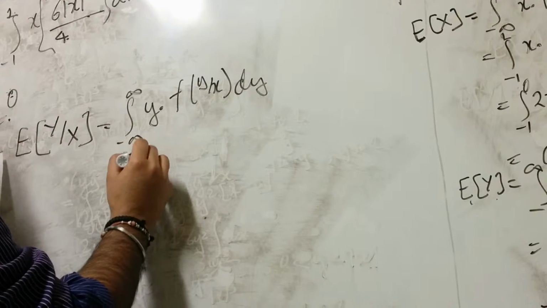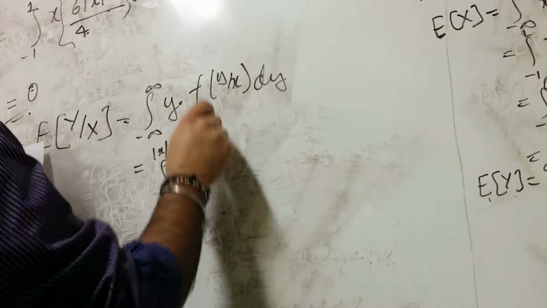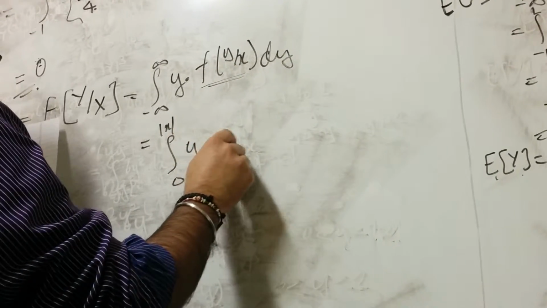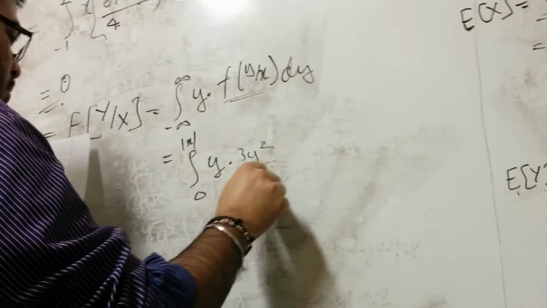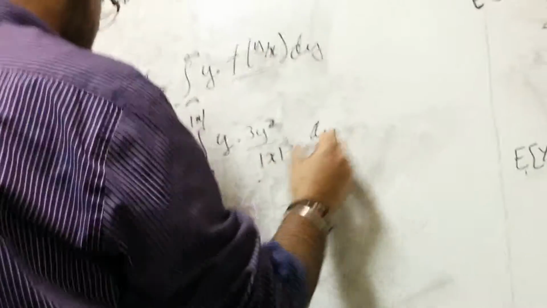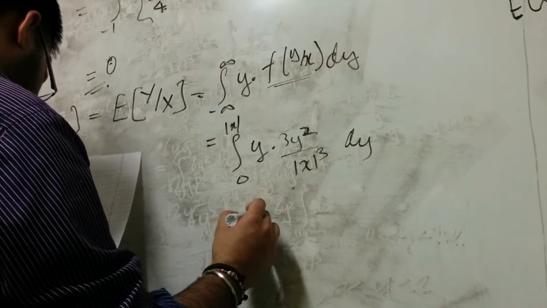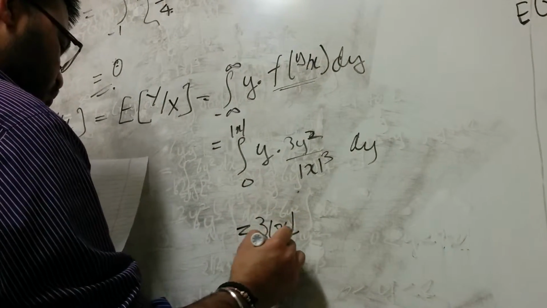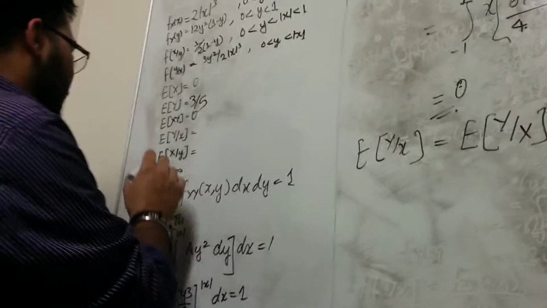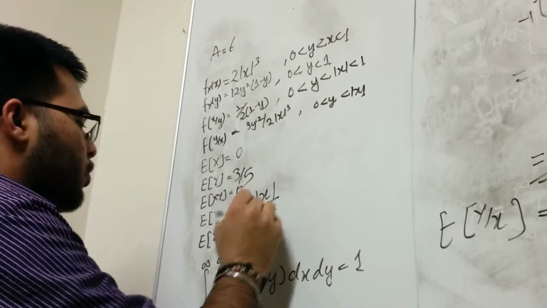Placing the limits 0 to |x| and putting this value here, we get 3y^3 upon |x|^3, and on integrating and solving we would get 3|x| upon 4. So the expected value of y given x is 3|x| upon 4.